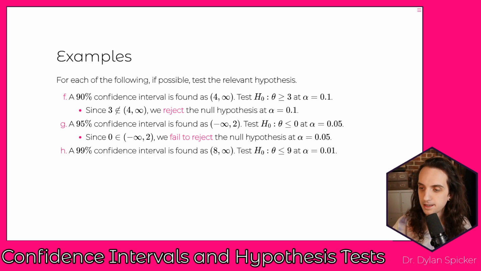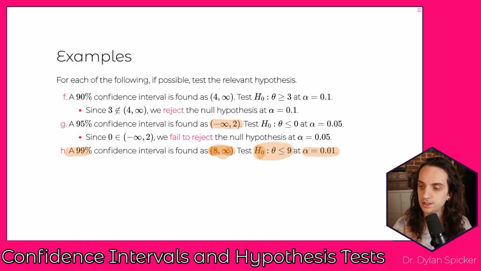Now we have a 99% confidence interval found to be 8 to infinity. And so we have this, again, lower bounded version here. Alpha aligns with the level of significance. However, the important piece to note here is that we want to test this lower tailed null. And in order to test the lower tail null, what we need is an interval that goes from negative infinity up to some positive value, rather than having 8 up to positive infinity.